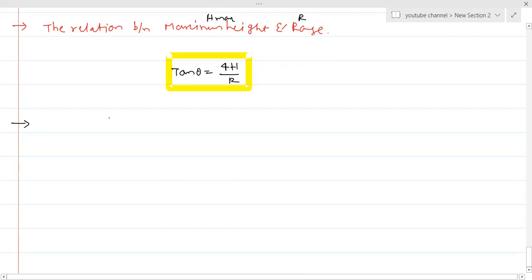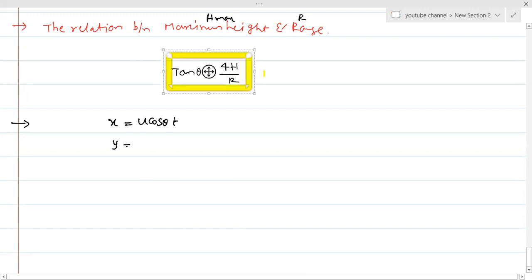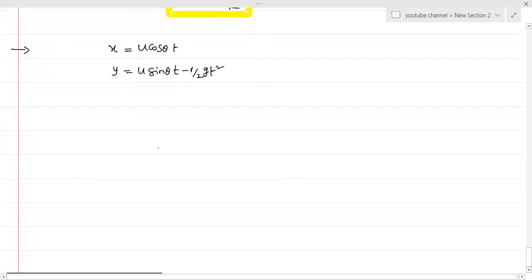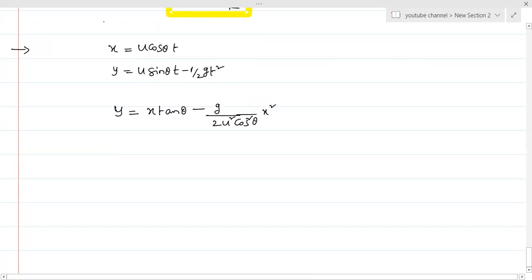After that, just now we have seen x is equivalent to u cos theta into t after some time t, and y equivalent to u sin theta t minus half g t square. By substituting the t value here, we will get y equivalent to x tan theta minus g by 2u square cos square theta into x square.